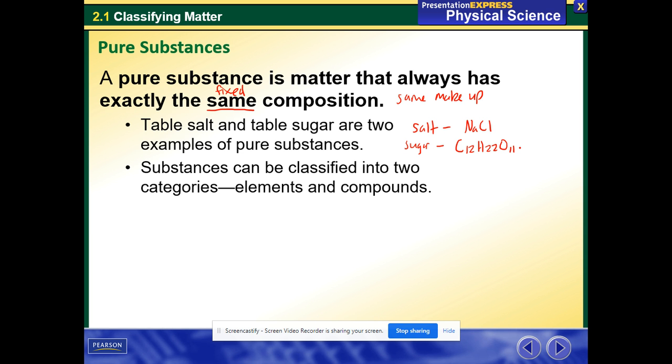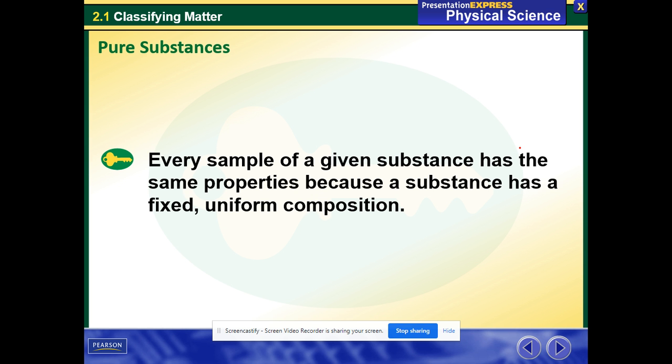Now, as we previously stated in that key question, substances have two categories, elements and compounds. Before we move on to what elements and compounds are, let's give a key statement. One key thing to take away from this is that every sample of a substance is going to have the same properties because that substance is fixed and uniform.